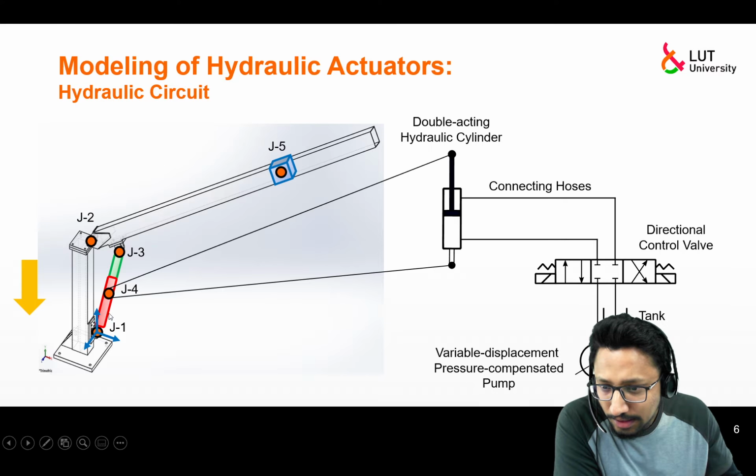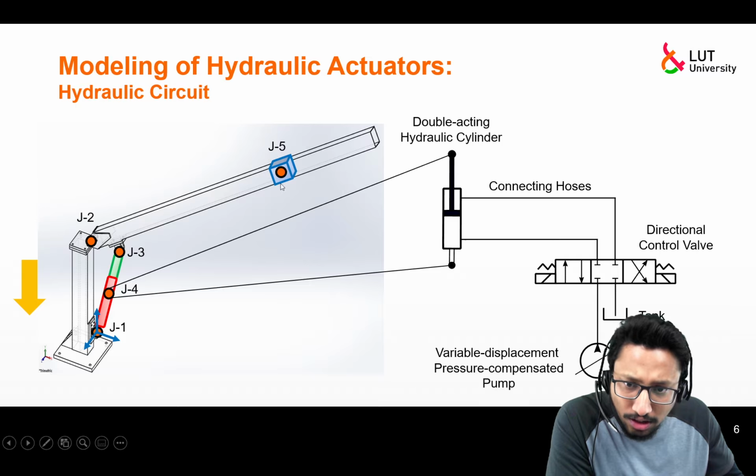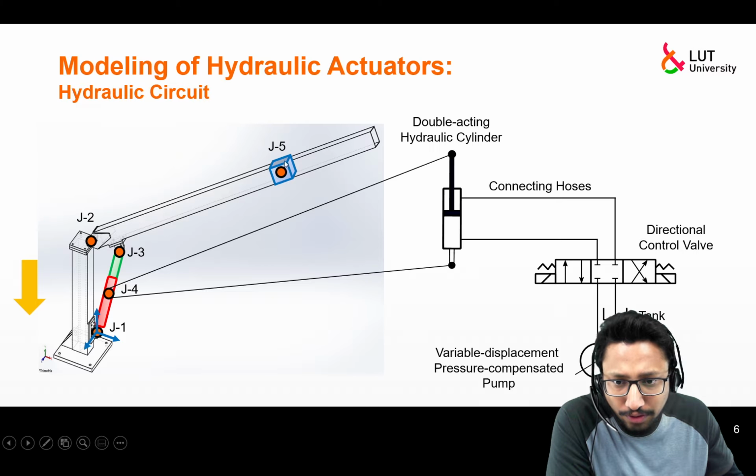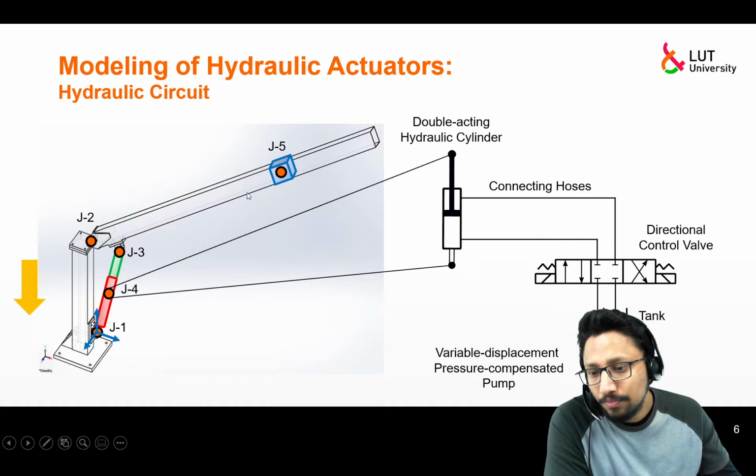Then there will be a cylinder and a piston modeled as two separate bodies, and an additional body which we will model in Simscape Multibody, and then there will be the associated joints, and the origin will be at joint 1, which connects the pillar and the cylinder. Joint 2 connects the pillar and the lift arm. Joint 3 connects the piston and the lift arm, joint 4 connects the cylinder and the piston, and joint 5 connects this additional mass block with the lift arm.